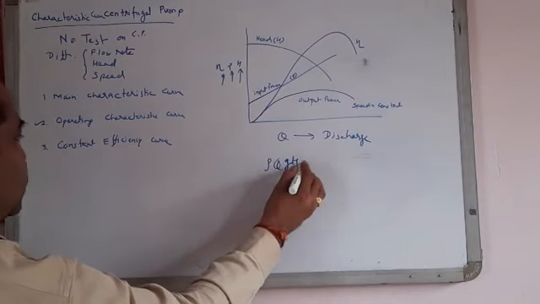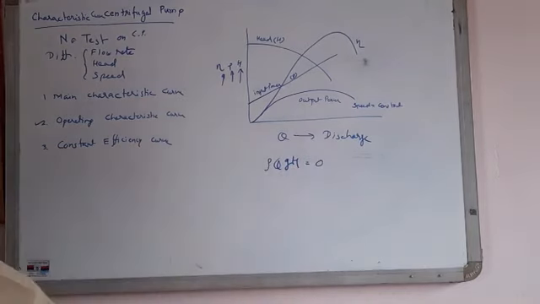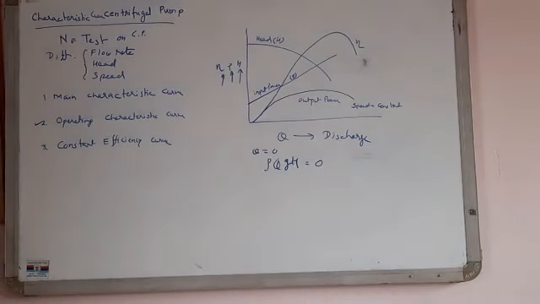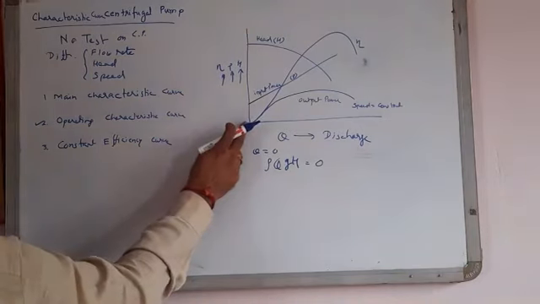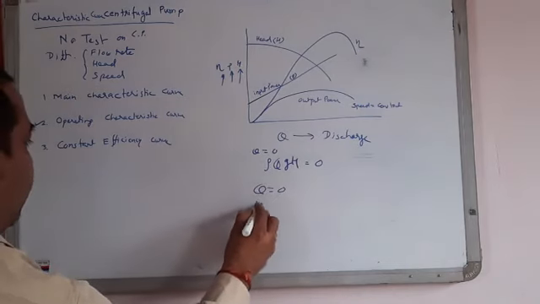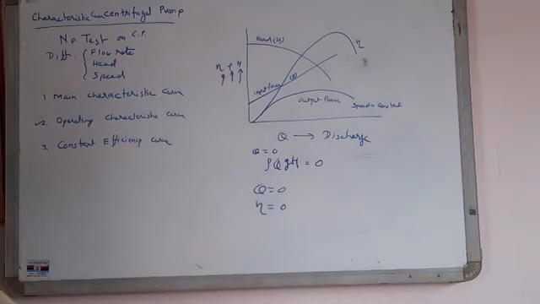The efficiency curve will also start from the origin, as at Q equal to 0 the efficiency is also equal to 0.